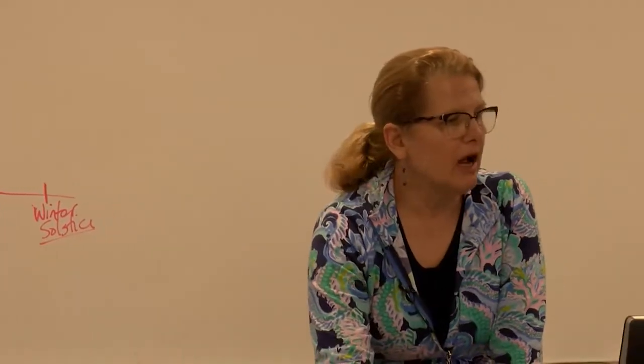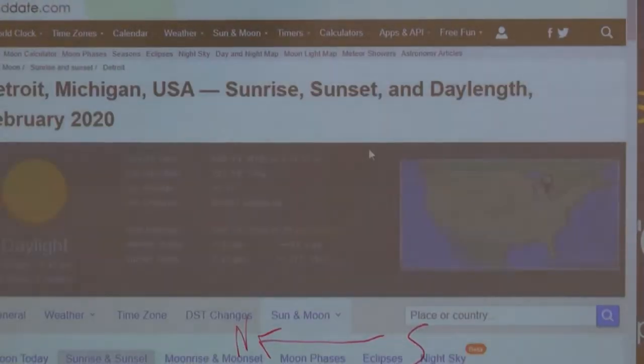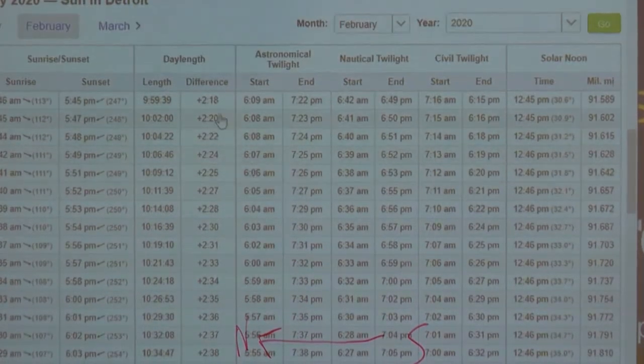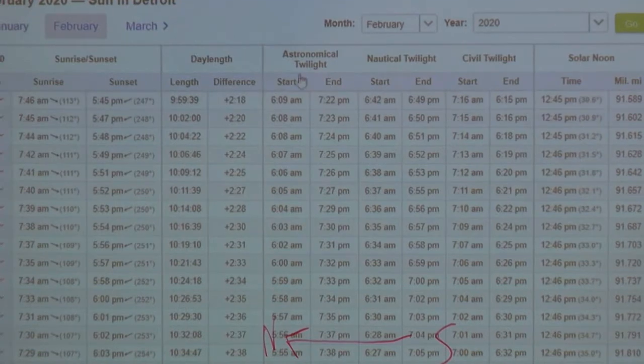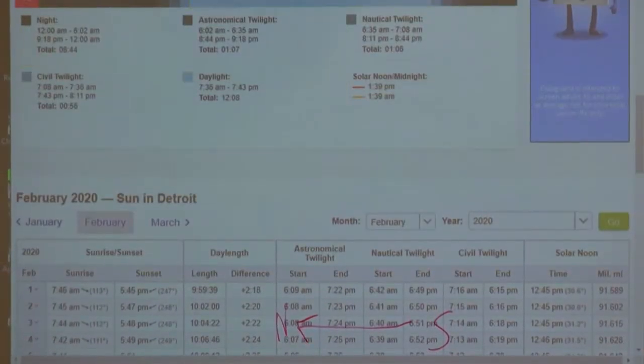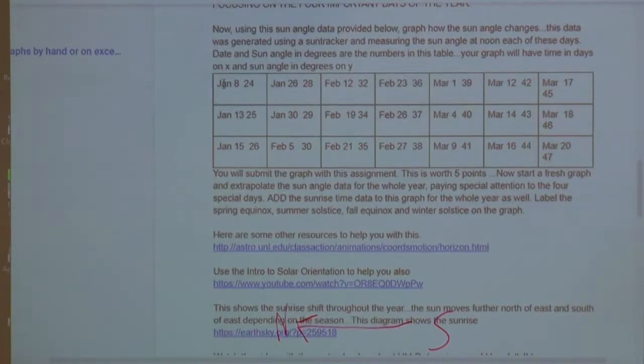So we're going to go to the next place. Okay? And this will give us our sun angles. Let's see. Maybe not. Okay. Oh, I've actually given you the data right here.